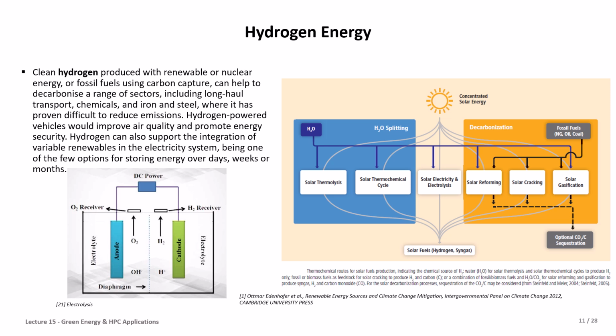You can see an example of the electrolysis, how it's happening. We need to have a cathode and anode to produce hydrogen from the water.